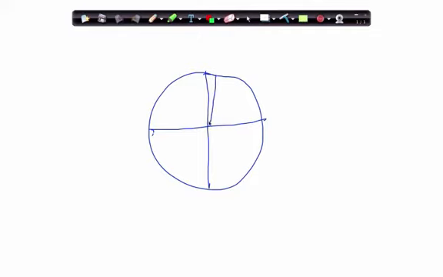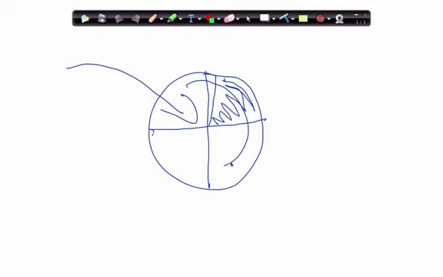Well, if this is a quarter, or 25%, give or take, this little wedge right here would be our oxygen. Now, the point of this is if we input another gas into this air sample, it will displace all the rest of the gases. So in Dalton's Law, the five-dollar verbiage is this: the sum of the partial pressures of each gas equals the total pressure of the gas mixture.